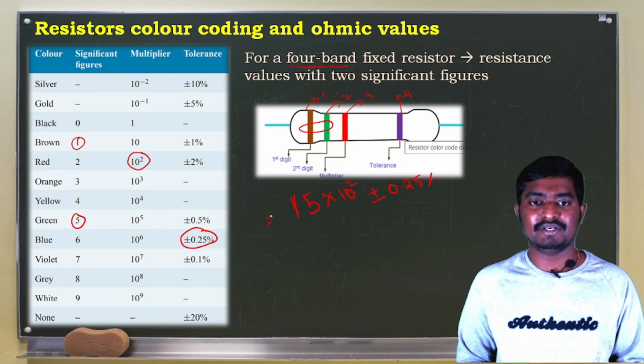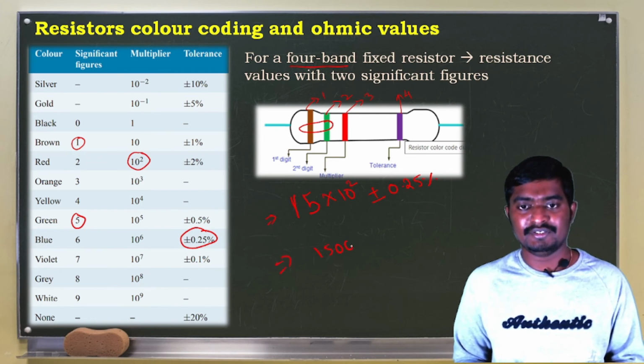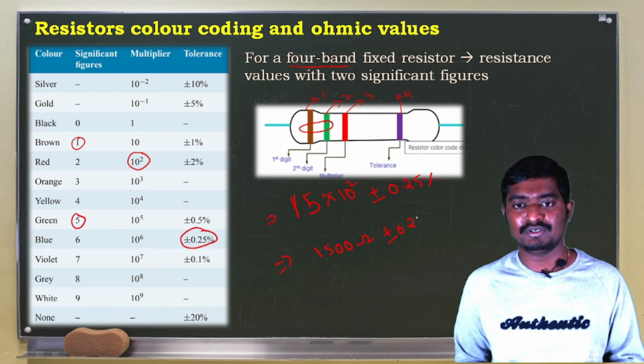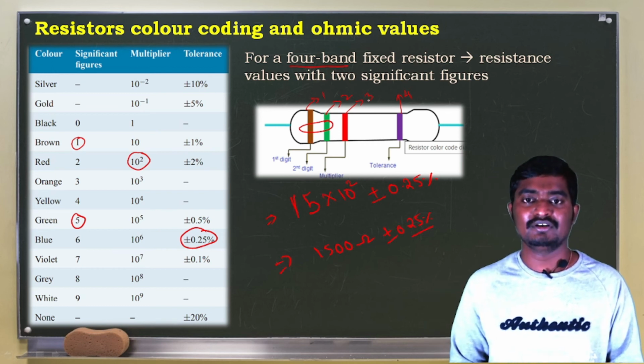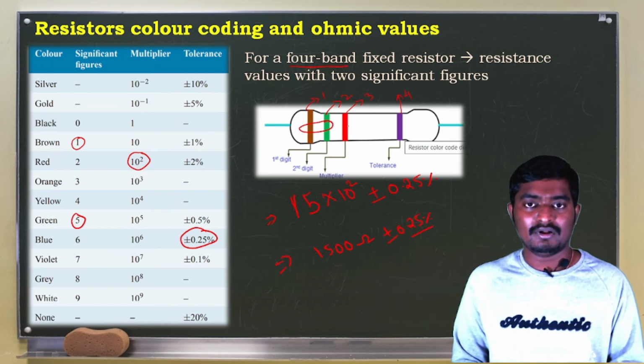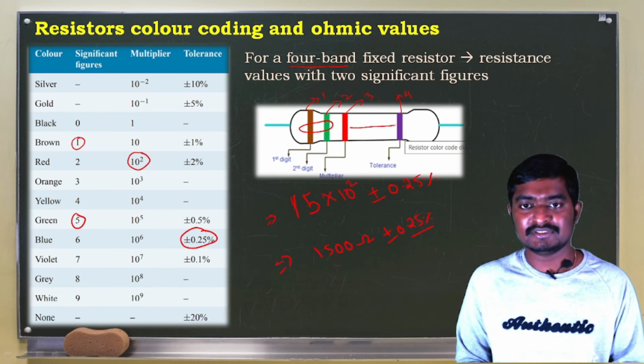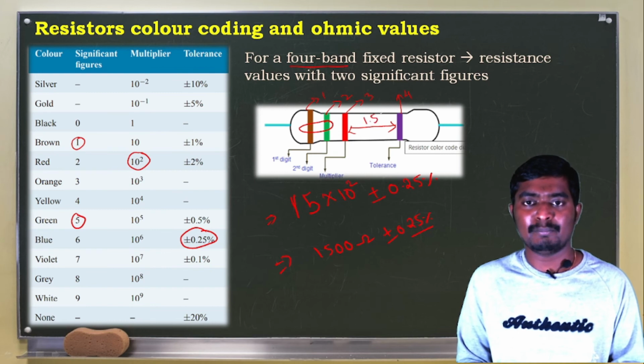Then it can be written as 1500 ohms plus or minus 0.25% as a tolerance. In this resistor, you can notice that the last band is separated by a distance 1.5 to 2 times more than compared to the other bands.